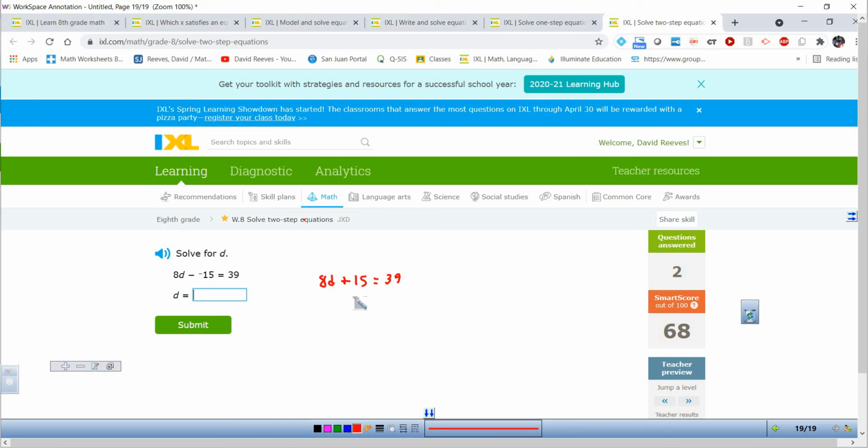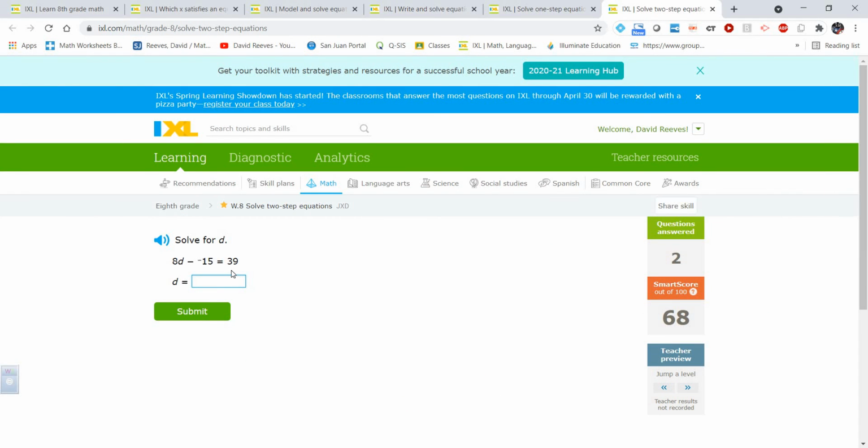Instead of multiplying and then adding, I'm going to subtract first, work my way towards that d, getting that d by itself. 8d is equal to 24. And then the inverse or opposite of multiplying by 8 is dividing by 8. And I get d is equal to 3. And there we go.